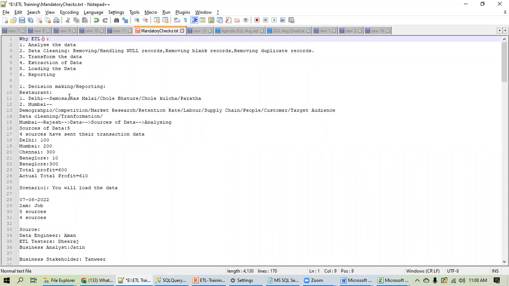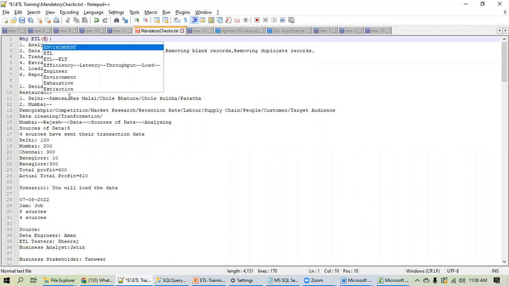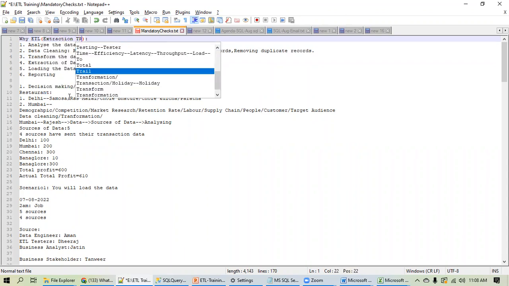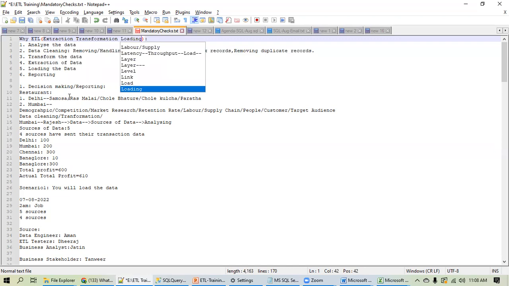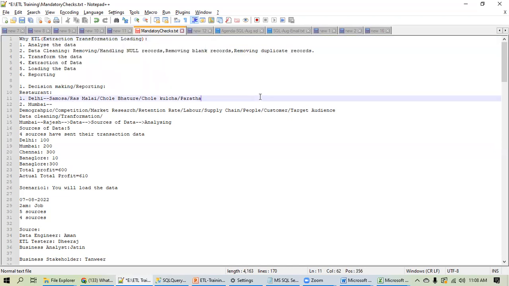Tanvir, in this scenario, there might be some limitation also. One of my friends faced a scenario where he input wrong information in a particular row. So what he did was drop the row which he inserted wrongly.